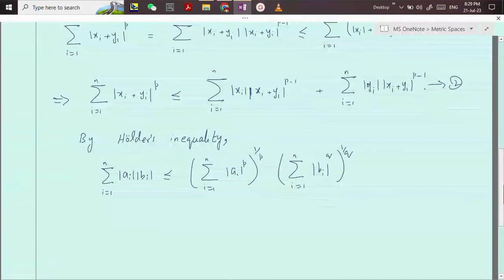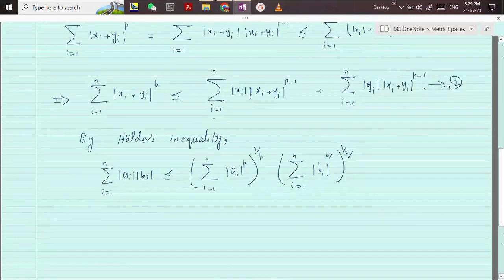So we apply the Holder's inequality on first of all this sum and then this sum.